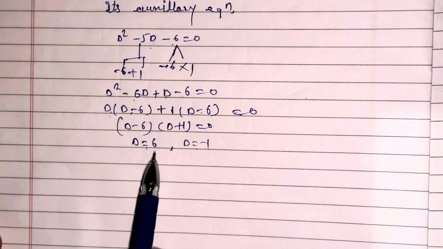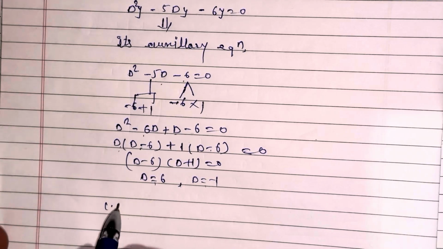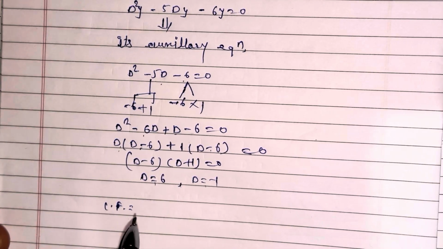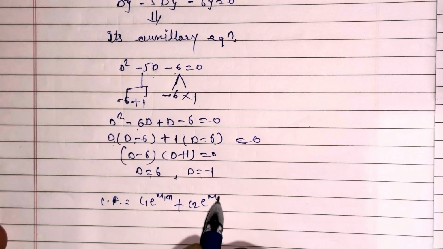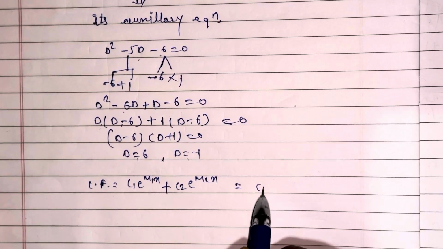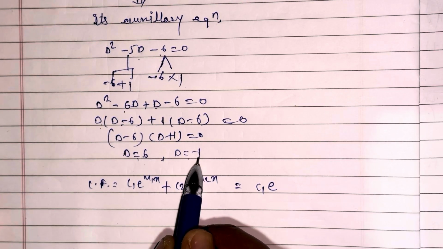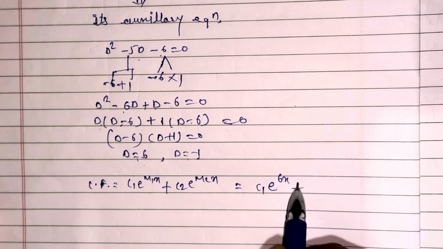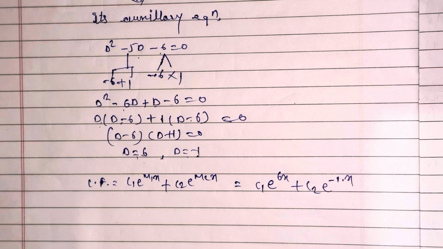As the roots are real and distinct, we write the complementary function as C1 e to the power m1 x plus C2 e to the power m2 x, where m1 is the first root and m2 is the second root. So the CF is C1 e to the power 6x plus C2 e to the power minus x, the complementary function for our differential equation.